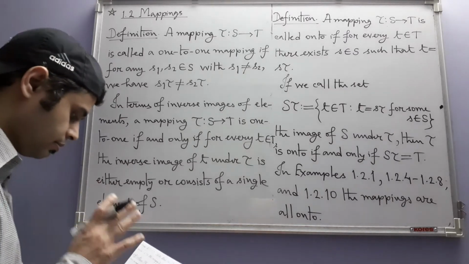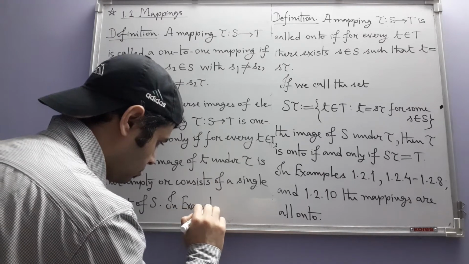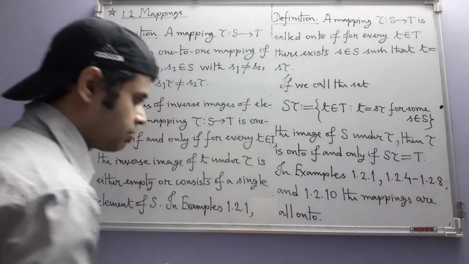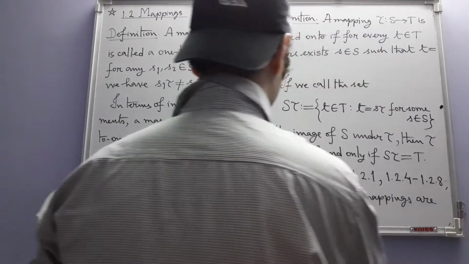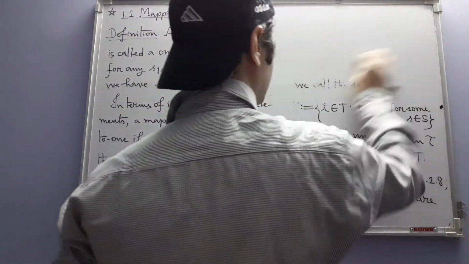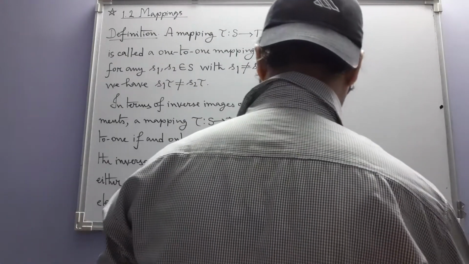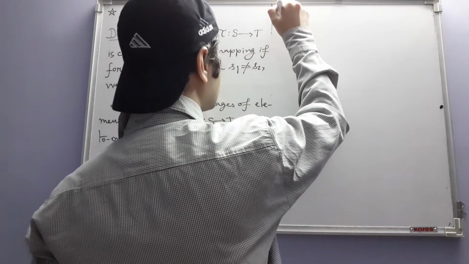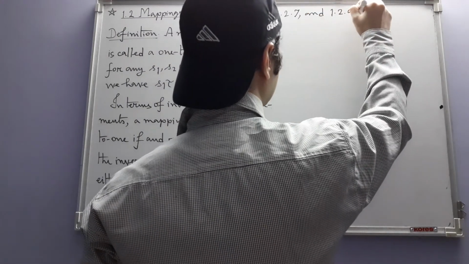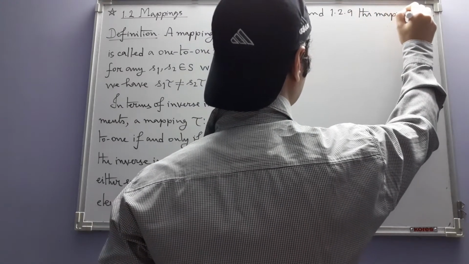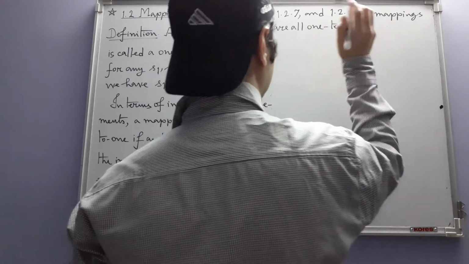Now the mappings that are 1 to 1 in our examples, in the first example, third example, seventh example, and ninth example, the mappings are all 1 to 1.